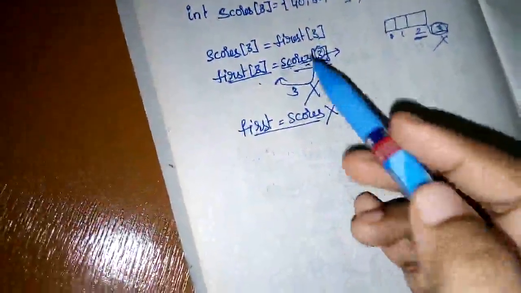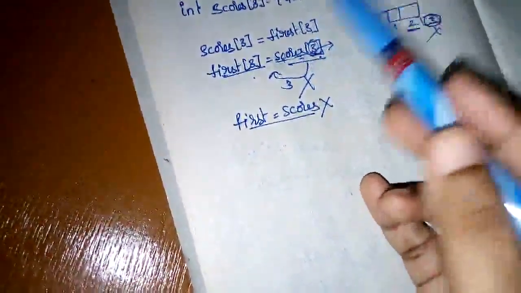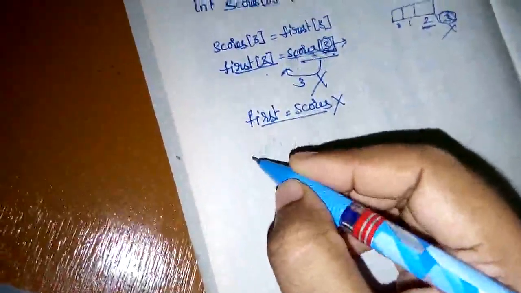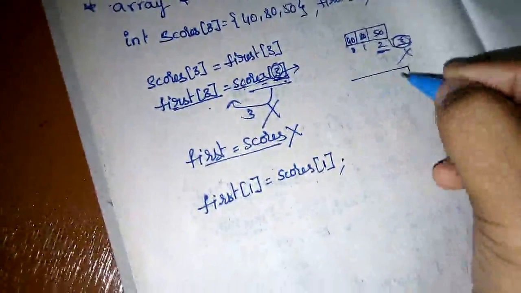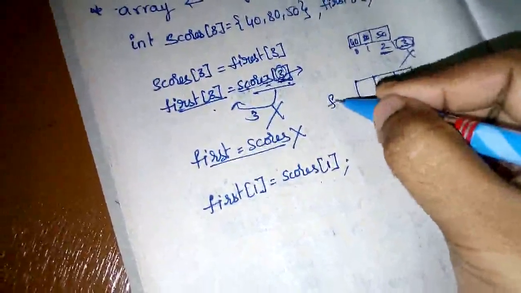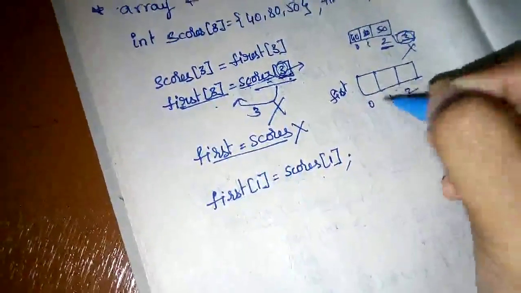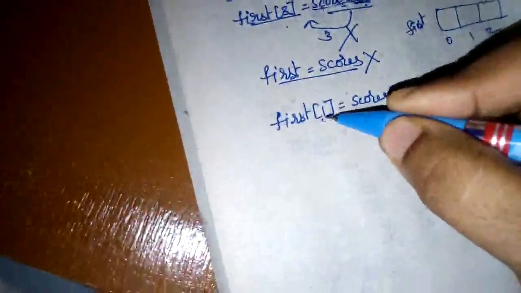In order to assign all these values into another array, we need to assign it element by element. Say, for example, we can assign first of 1 is equal to scores of 1. This means the value in scores of 1, that's 80, will be copied to the array first, at index 1.